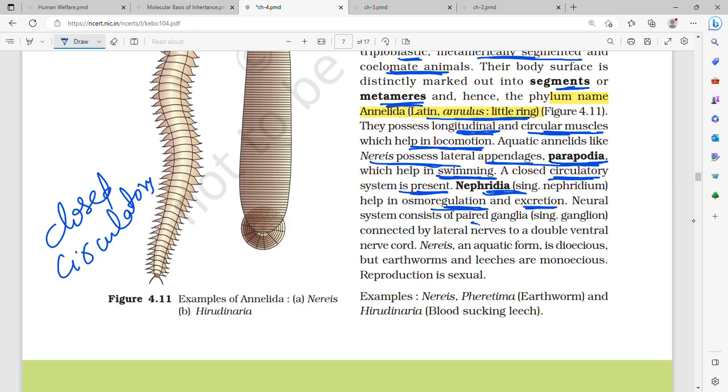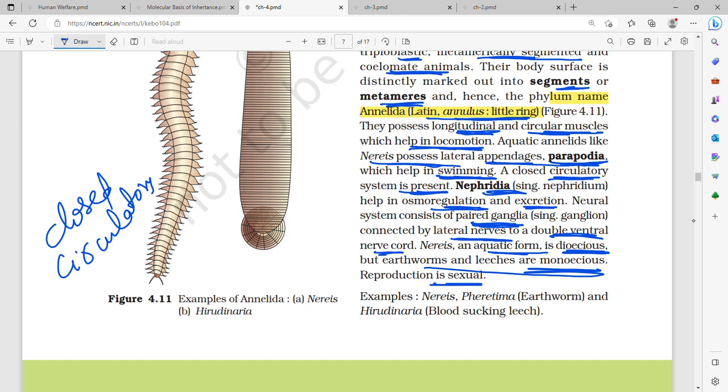Then the neural system consists of paired ganglia connected by lateral nerves to a double ventral nerve cord. Nereis, an aquatic form, is dioecious, whereas earthworm and leeches are monoecious.